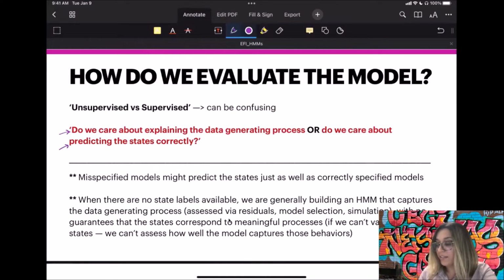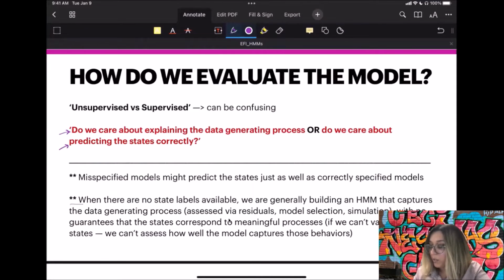And the reason I say this is because misspecified models, so models that are not good data generating mechanisms, could predict the states just as well as the correctly specified hidden Markov model. So if you have two competing hidden Markov models and you get the same types of state predictions, it doesn't necessarily tell you anything about the data generating mechanism, but it just tells you that these two models can predict the states similarly.